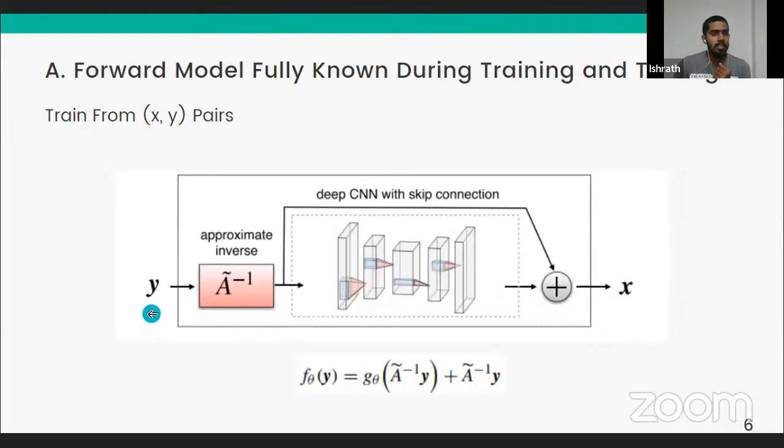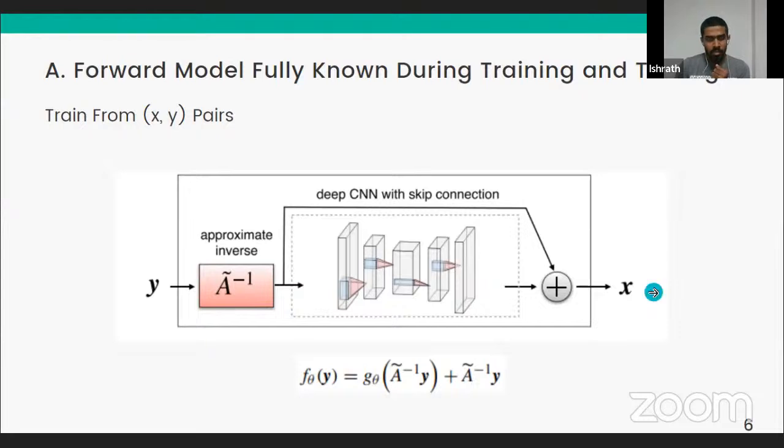what they are doing is, given a measurement y, if we know the forward model, we can find an approximate inverse to this forward model, and we get an approximated initial estimate of x in this stage. That approximated inverse is fed through this network to ultimately arrive at the ground truth image.